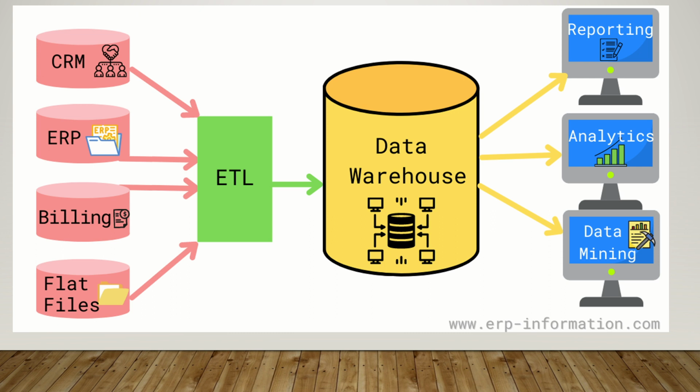ETL stands for extract, transform, and load, where all four, CRM, ERP, billing, and flat files, are sent to the ETL, and from there to the warehouse, which performs all the required actions, that is collection of data, and it provides reports, analytics, and data mining.